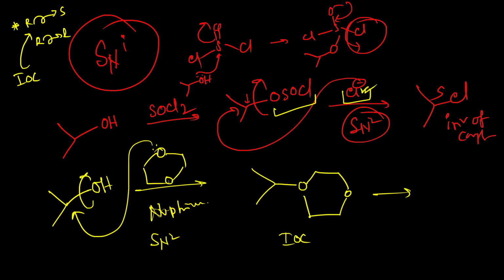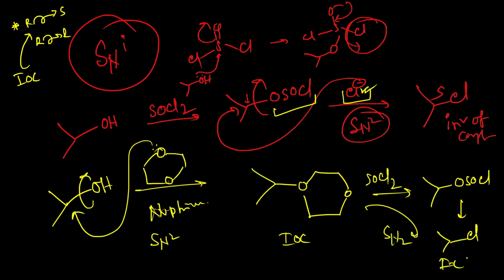Now what will happen? That OH minus we are left with, or if we now treat with SOCl2, then with this process, ultimately what will happen? Finally, for SOCl2, first we will be forming OSOCl, then again we will be getting this Cl. Now from this to SOCl2, this is basically another SN2, then this is again inversion of configuration.